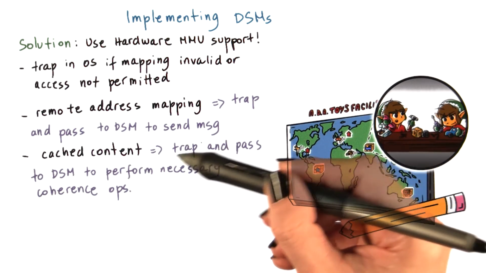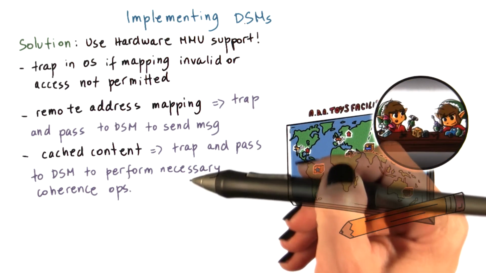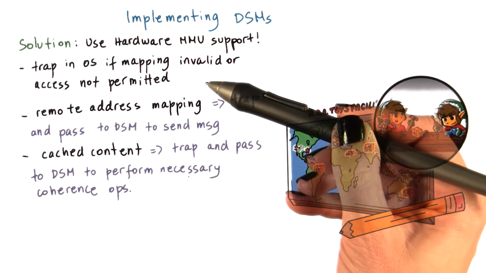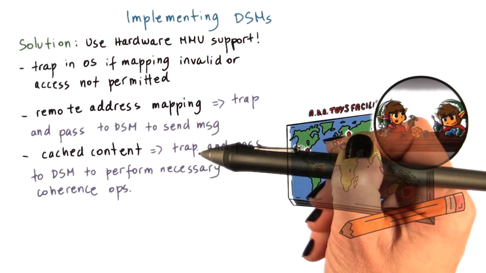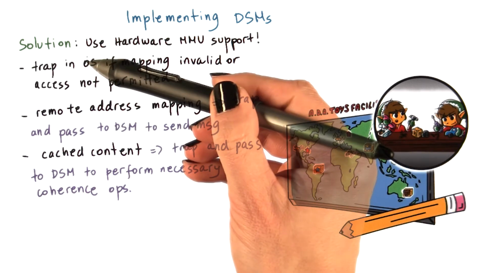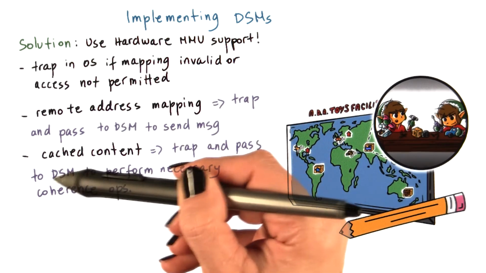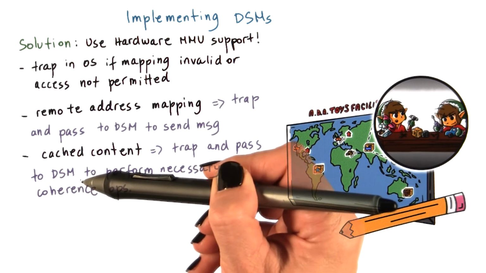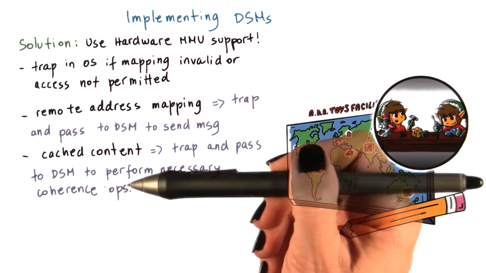Similarly, whenever content is cached on a particular node, the DSM layer will ensure that that content is write protected, and that will cause a trap if anybody tries to modify that content. That will turn control over to the operating system. The operating system can pass the relevant information to the DSM module, and then that one will trigger all of the necessary coherence operations.